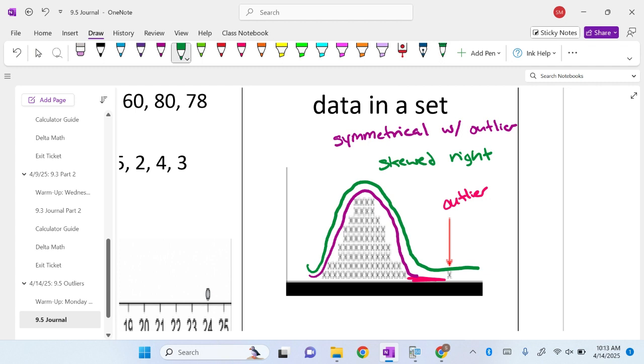If someone got, say, 100, that would skew the curve and make it work not in your favor, because it got skewed to the right. Let's say someone made a 0, meaning they just turned it in blank. That's also an outlier. It would skew it to the left because it would be so far away from the other data. In other words, that would be way too much of a curve.